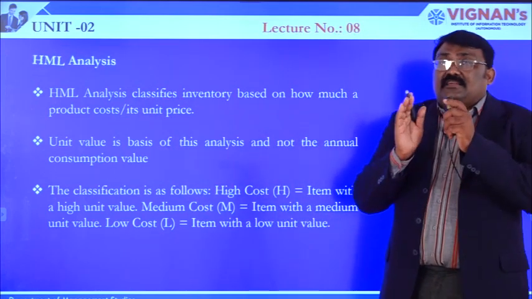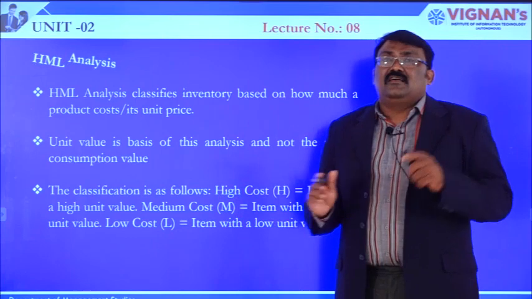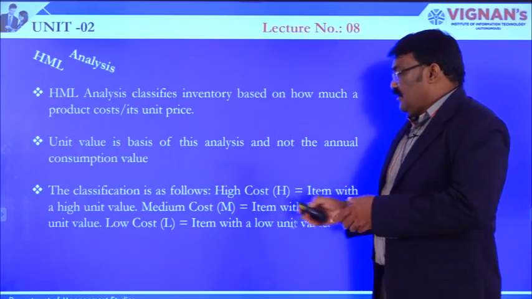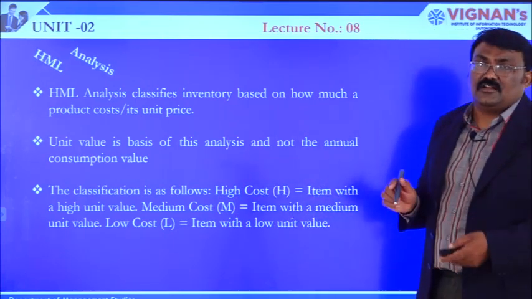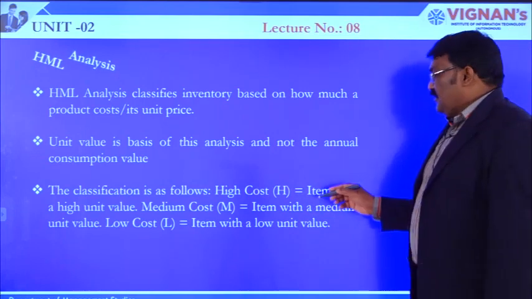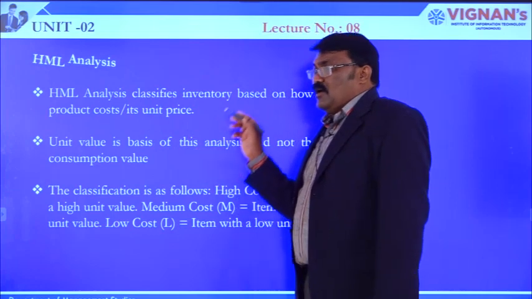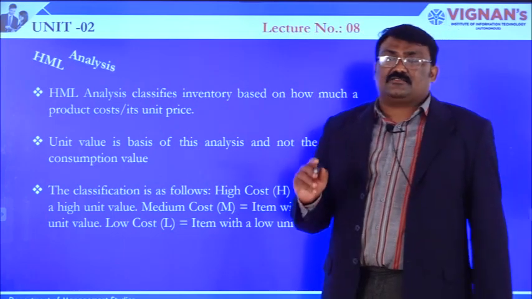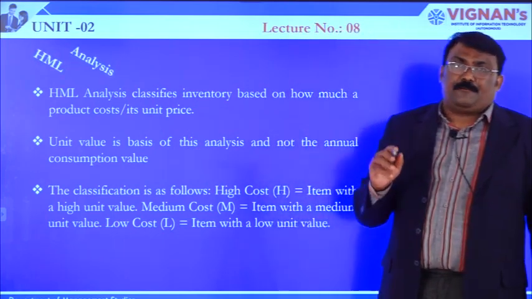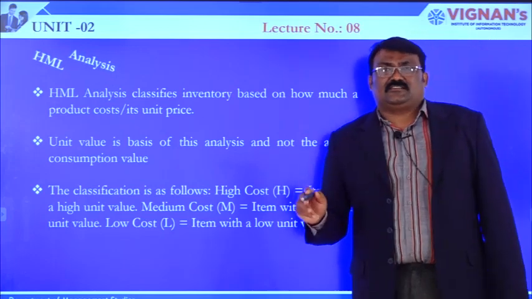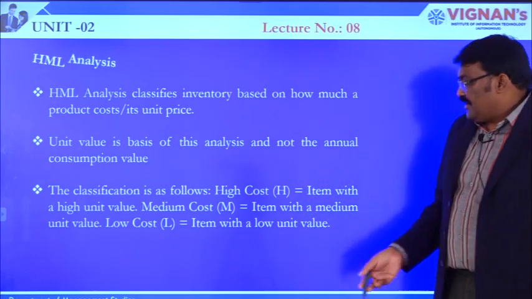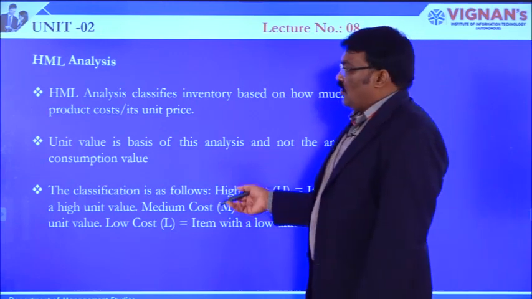If it is the highest for that raw material, then that is called high cost. Similarly, if the cost is at a medium level, then that is called M, medium cost. And the last one is low cost.